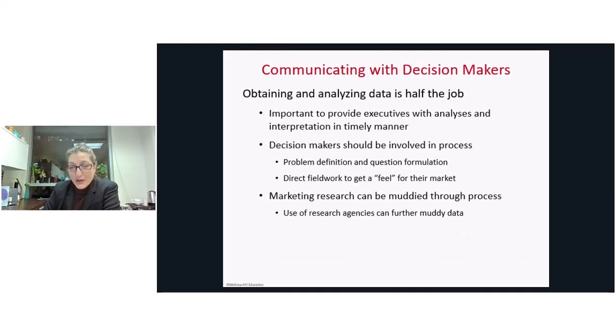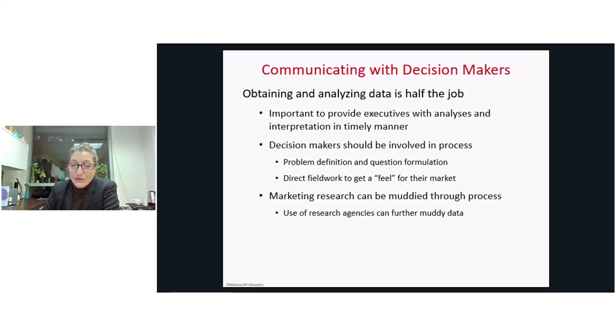So decision makers should be involved in the research process, definitely in defining the research problem and the question formulation. They need to get a direct feel for their market, and that's where direct field work can be very useful.